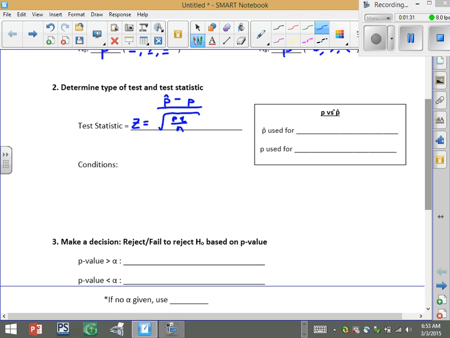Now, here's one thing that's different than we did with intervals. Because remember, with intervals, we pretty much use p hat the whole time. So when you're doing a confidence interval, you always use p hat because, in theory, we use the interval to figure out what is the true value. You think about an interval, you're trying to find p.